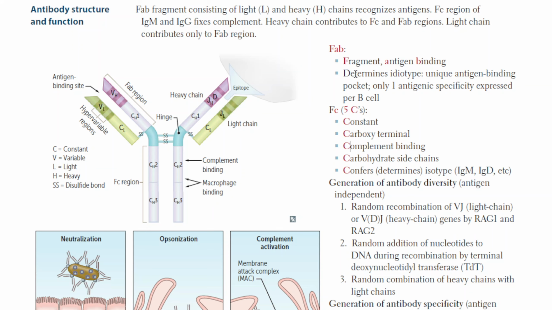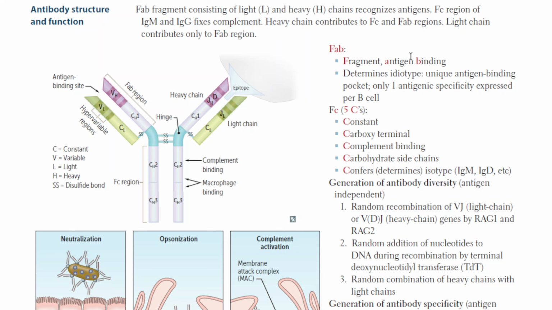So this determines isotypes, the unique antigen binding pocket, only one antigenic specificity expressed per B cell, only one antigenic specificity expressed by T cells. So remember the FAB region, this region here.